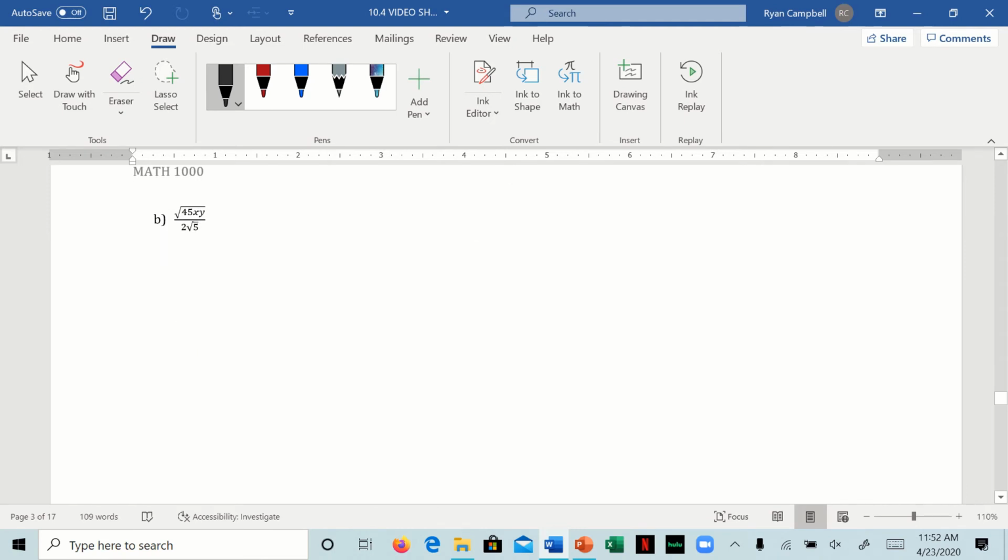Part B. All right, so this is a little trickier because there's a 2 out front. So you need to make sure that that 2 stays out front. And it's square root of 4x, or 45xy over 5, right? So we've combined them. However, if a number is not under a fraction, it means it's over a fraction.